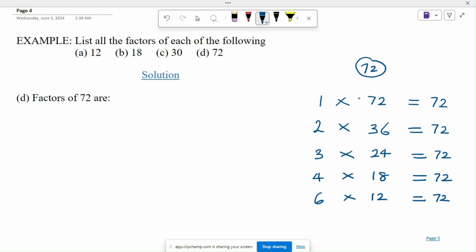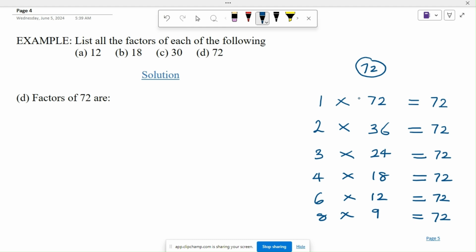If you check your multiplication table very well, you will know that it cannot work. What of 8? 8 multiplied by 9 will surely give us 72. And after 8 is 9, but we already have 9 on our list.